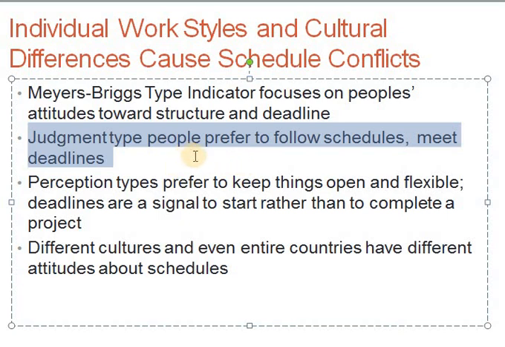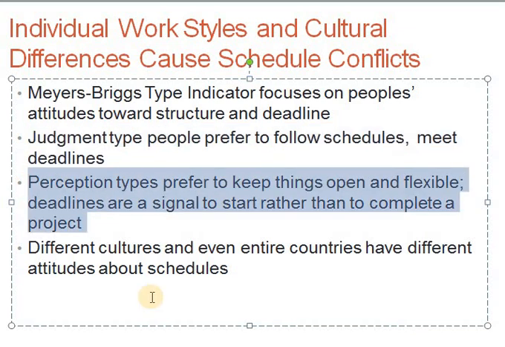Basically these are the persons who prefer to work according to the schedules. They work hard to meet the deadlines because they think only following a schedule strictly can make a project successful.